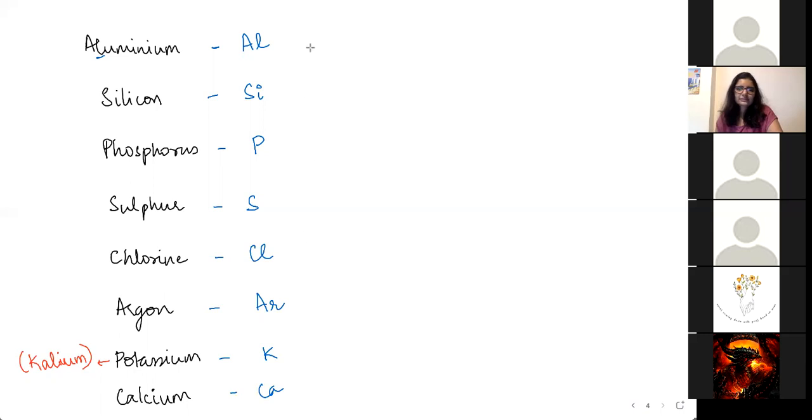Apart from this, you'll have some other elements that you will need to get familiar with. Iron, Fe. Ma'am, everybody knows. Fe. So iron is Fe because इसका Latin name is ferrum.